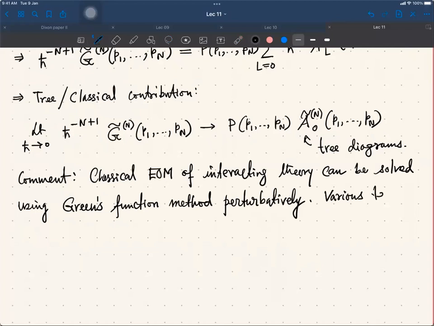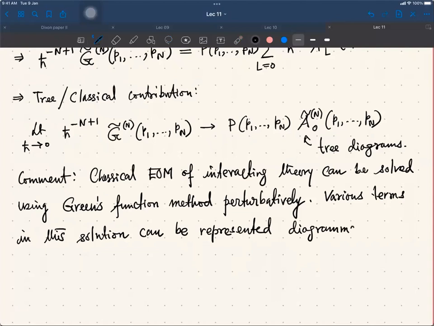Various terms in this solution can be represented diagrammatically, where only tree level Feynman diagrams appear.